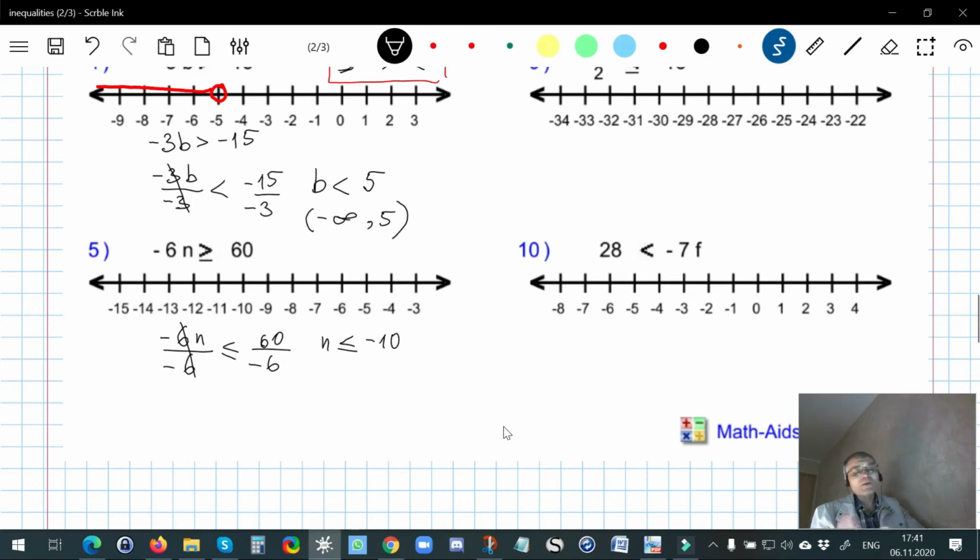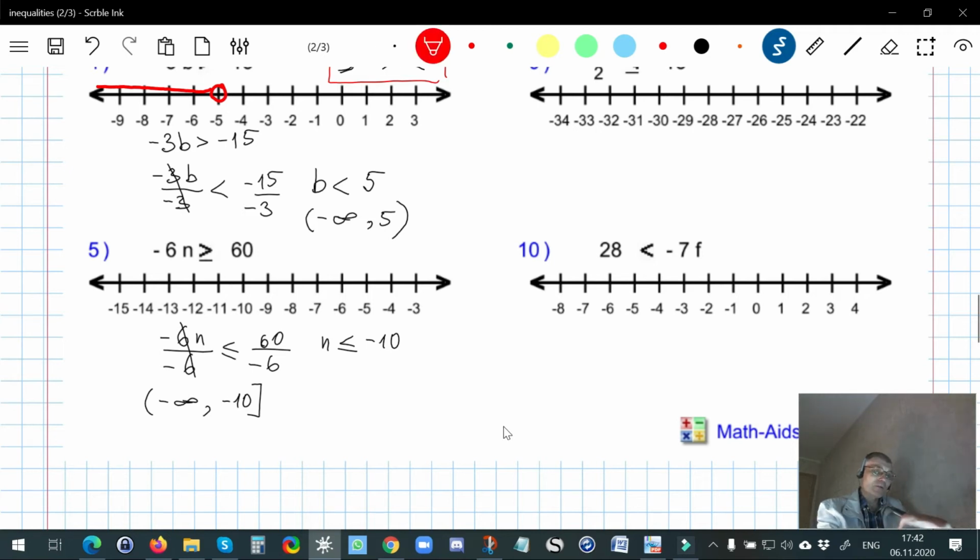This is my set builder notation answer. Again, it stretches up to negative infinity. So this is interval notation, which I'm writing here, negative 10, and it is closed. This end is closed.